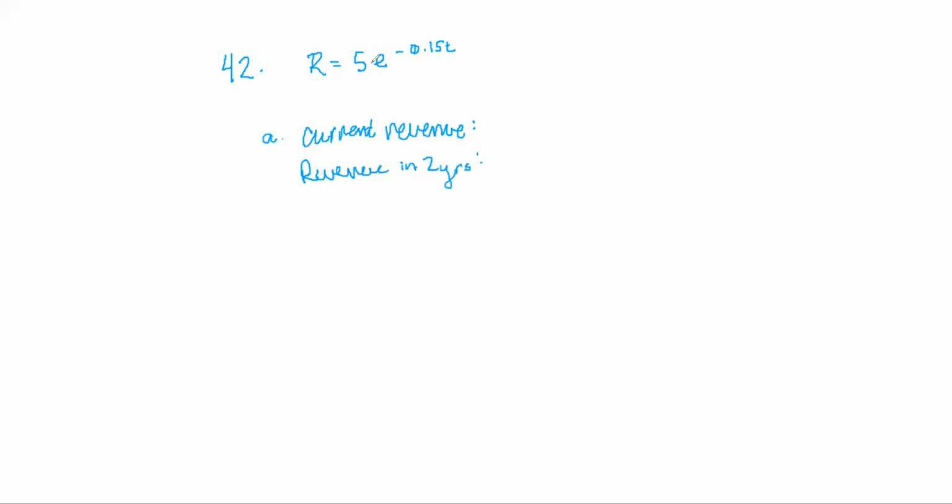How would I solve for current revenue? If it's current, at the time of start, it's going to be t is equal to 0. So R is equal to 5 times e to the 0, and anything to the 0 is equal to 1. So revenue is equal to 5, and this is measured in millions of dollars. So $5 million is what revenue is at this point.